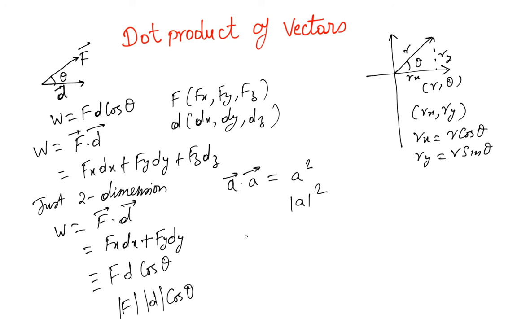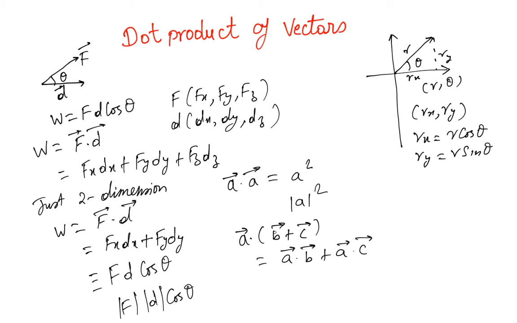Also, if you have something like a dot (b plus c), then this is a dot b plus a dot c. So it's a linear operation, and this is used in many places, the dot product.